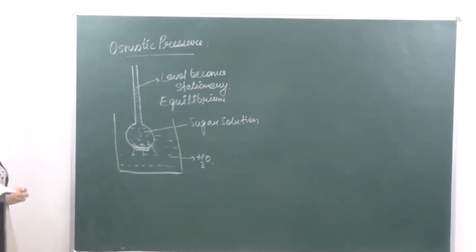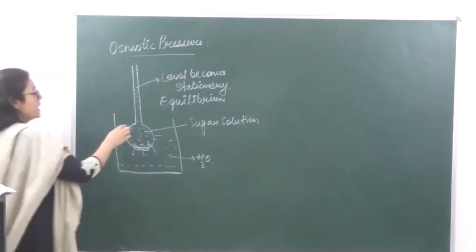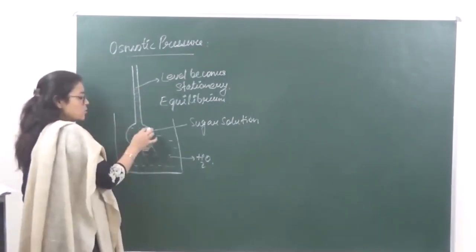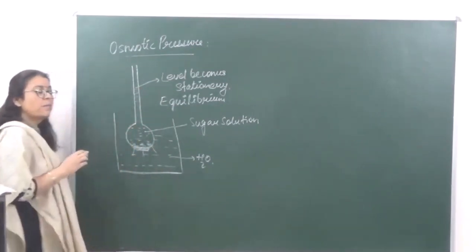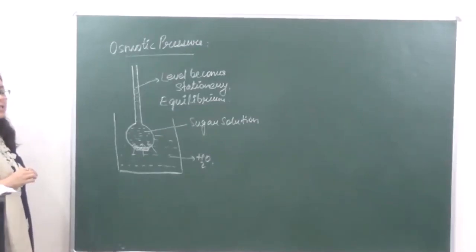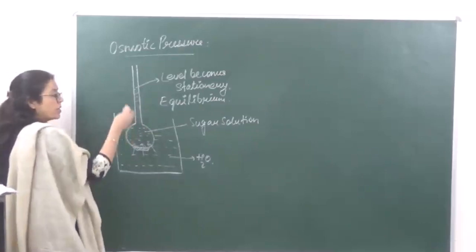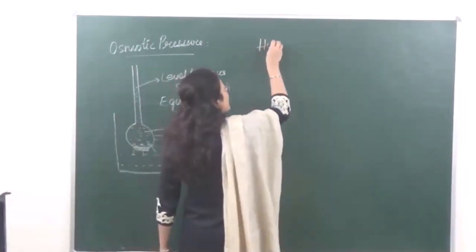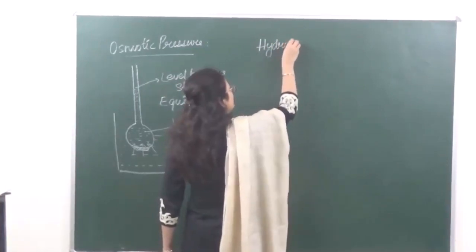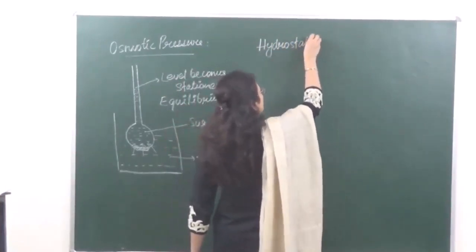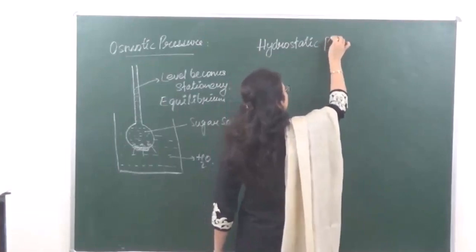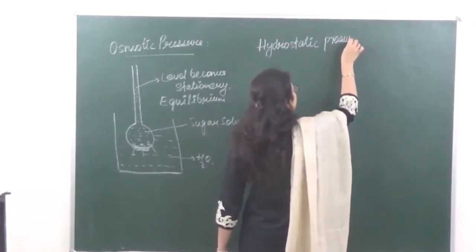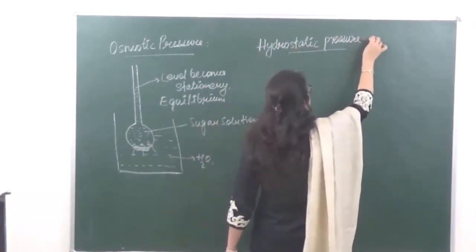Okay. Now when equilibrium is developed over here, inside this neck, this solution is going to exert pressure. Because that pressure is exerted due to hydrostatic pressure or due to water, therefore the pressure exerted over here is known as hydrostatic pressure. What is this hydrostatic pressure doing?